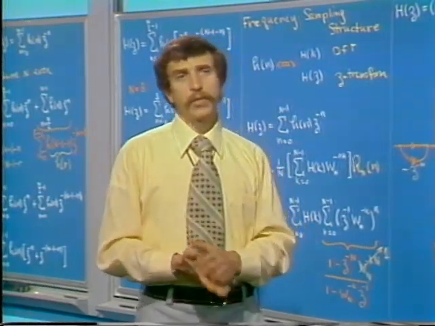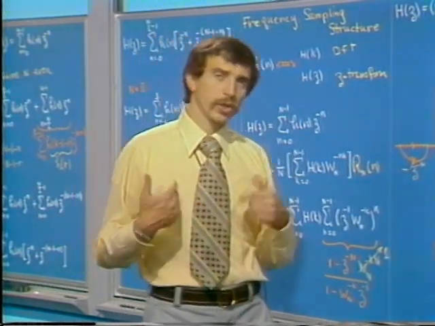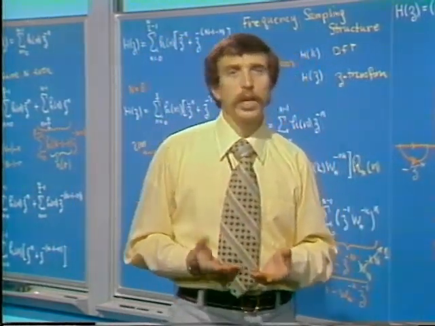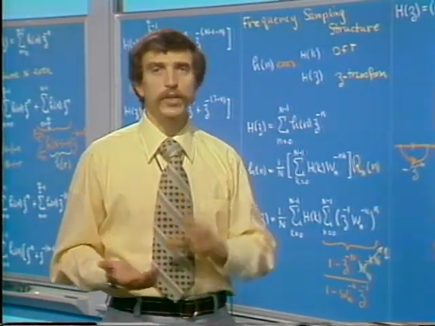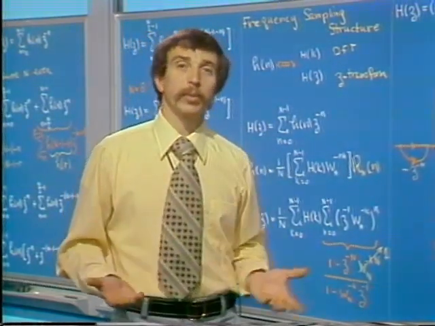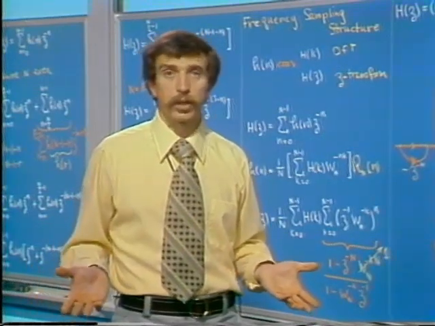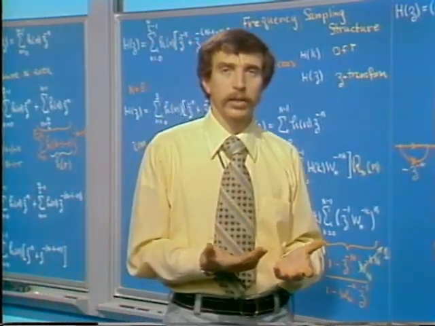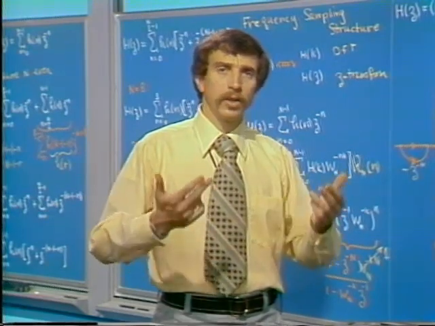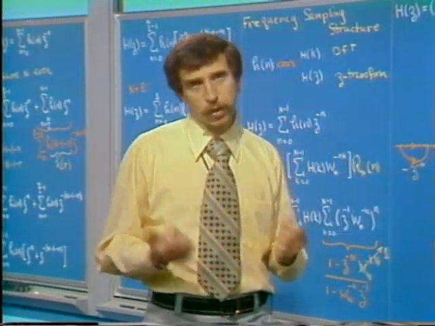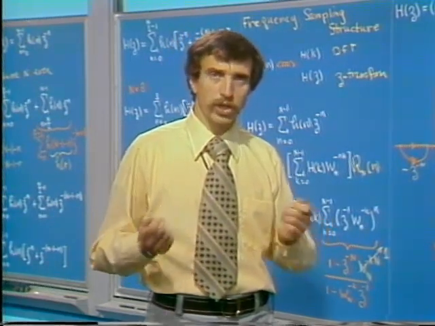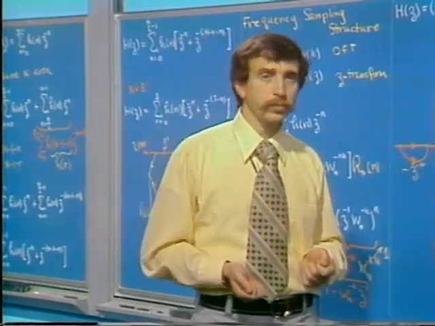One of the things that obviously is true is that from a strictly mathematical point of view, all of these structures, different ways of implementing the same transfer function, obviously implement the same transfer function. That is, algebraically or theoretically, all of the structures from an input-output point of view are indistinguishable. In other words, they generate the same transfer function.